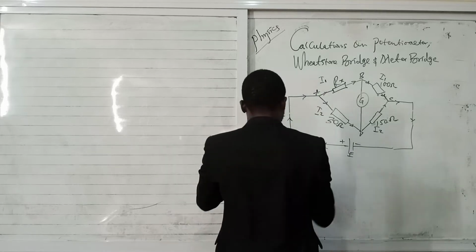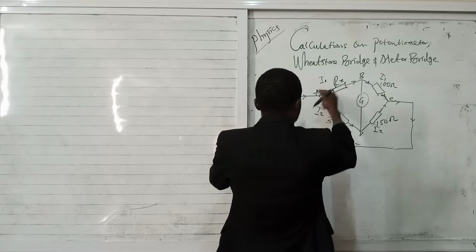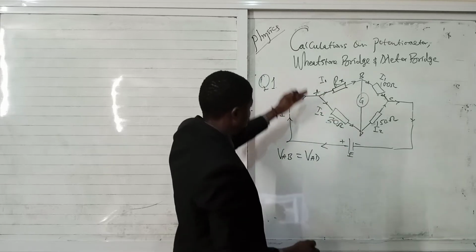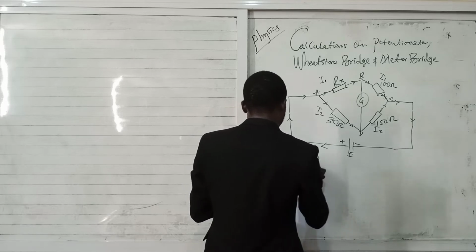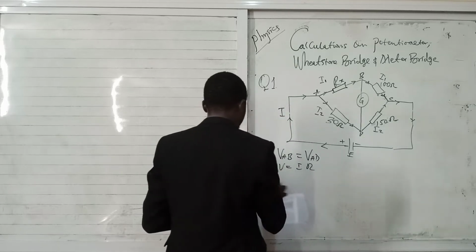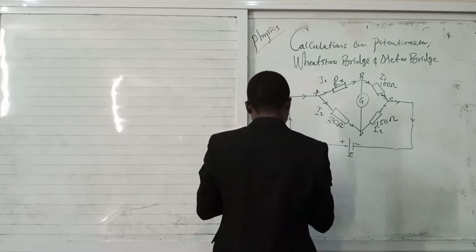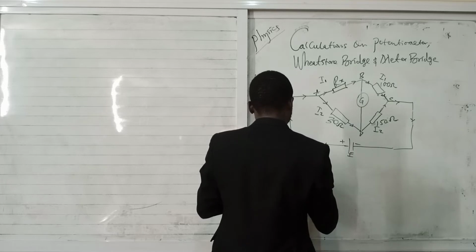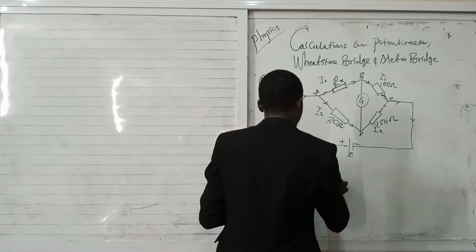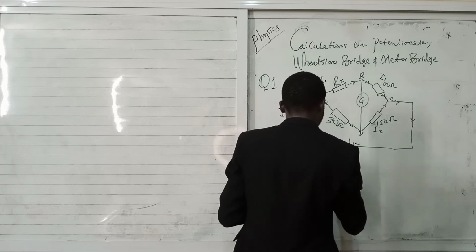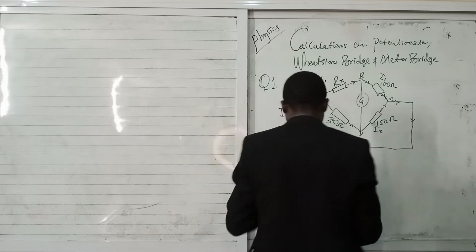So VAB equals VAD. This implies, from V equals IR from Ohm's law, do you remember that video? Please watch. We mean that I1 Rx is equal to I2 times R2, 30 ohm.